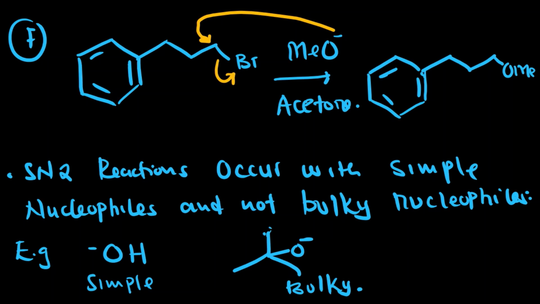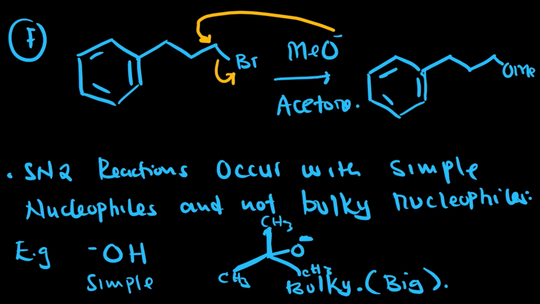Why? Because look at all these carbon chains that are attached. So this is the carbon here, there's a methyl group here, there's a methyl group here, there's a methyl group here. So this is a big nucleophile. So you don't expect SN2 reactions to occur with this nucleophile. Why?